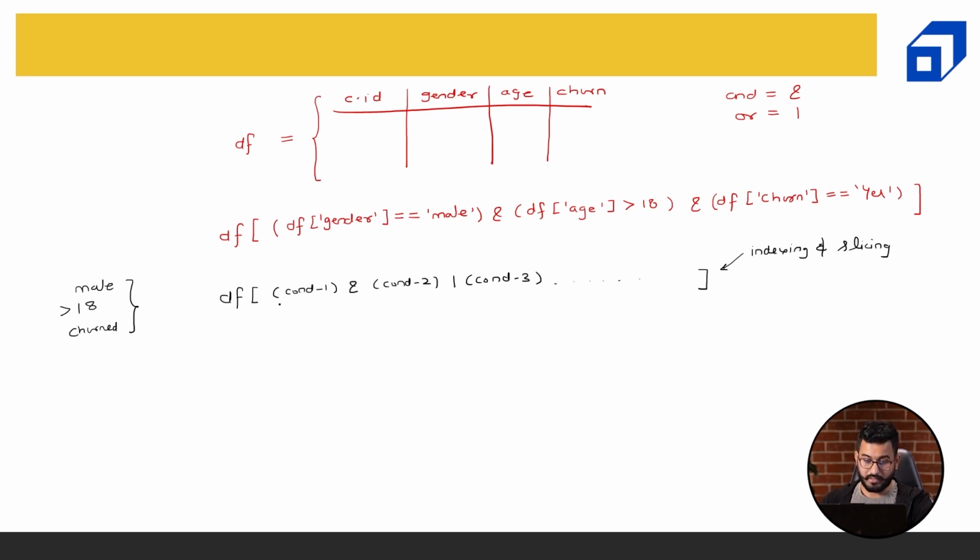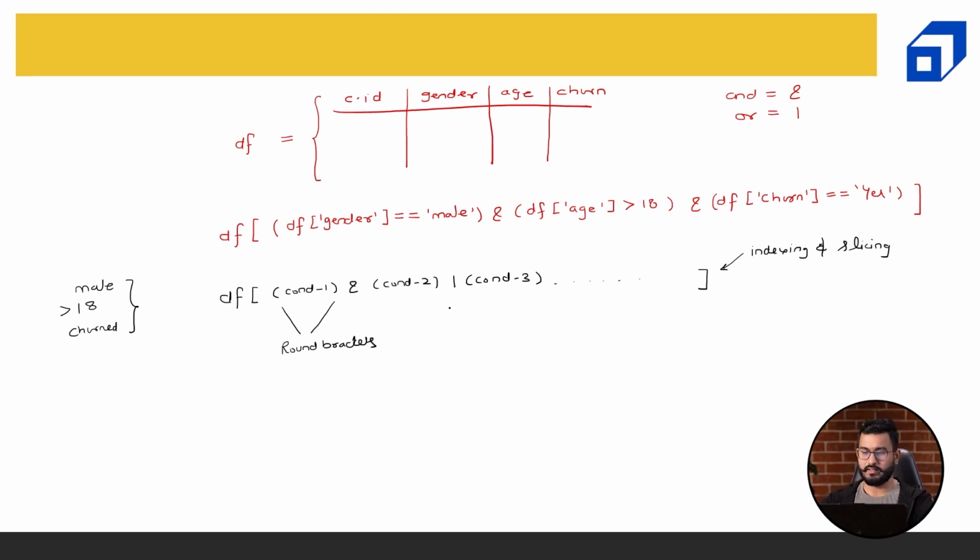Now please remember, these conditions are needed to be separated by these round brackets. These are very important. So this is the general schema of how we write multi-filter in Pandas.